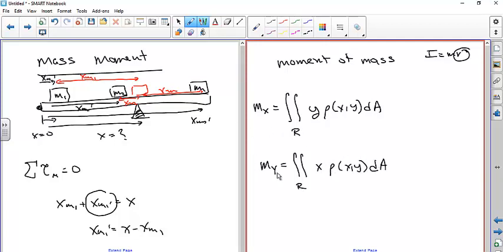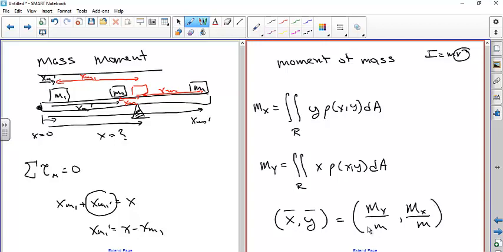So these give you the mass and the moment of mass about the axes. Then the coordinates of the center of mass, which we'll call x bar and y bar: to find the x coordinate, you take the mass moment around the y-axis and divide by the mass, and to find the y coordinate, you take the mass moment around the x-axis and divide by the mass, and that gives you the answer.